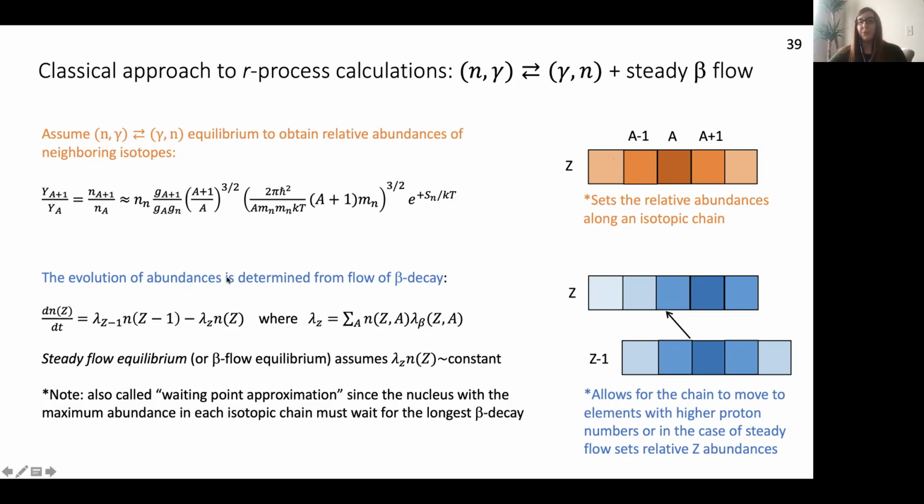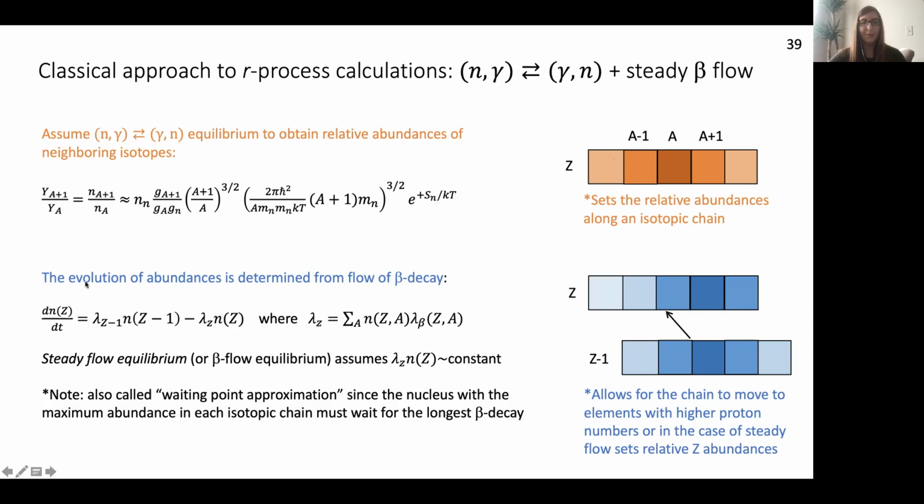Now, if you're going to evolve these abundances, this is done within these classical calculations by the flow of beta decay. So what is done is to just have more of a sum of things.